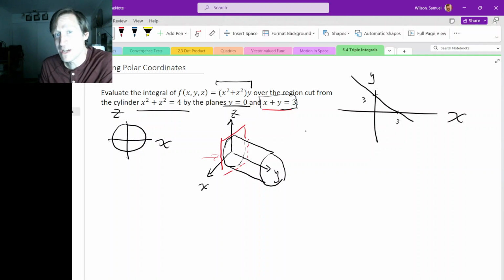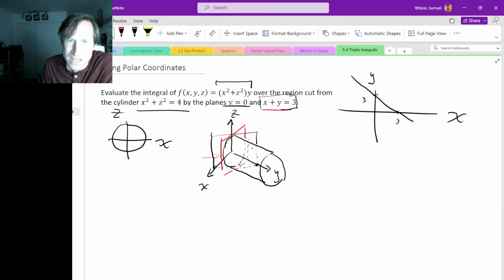And the 3D plane is what we get by taking this line and moving it in the z direction. So I'm going to draw this line going from a point on the y-axis, so here somewhere, to a point on the x-axis. And so the plane is that, but sort of stretched upwards like this.